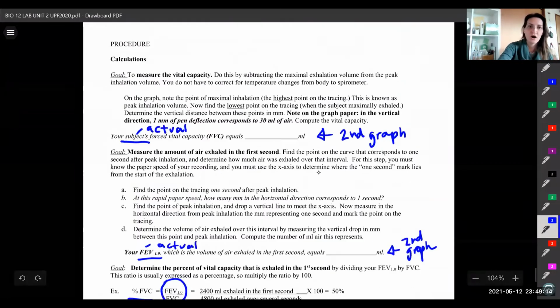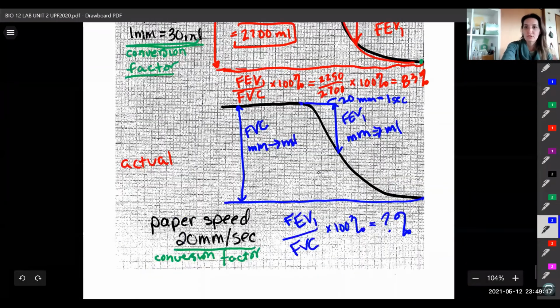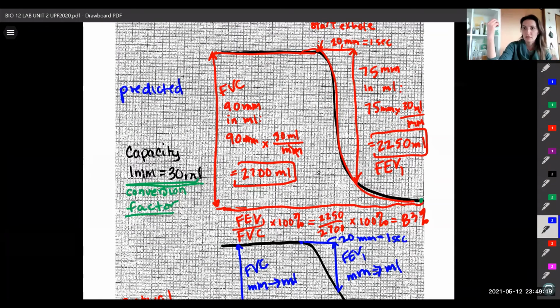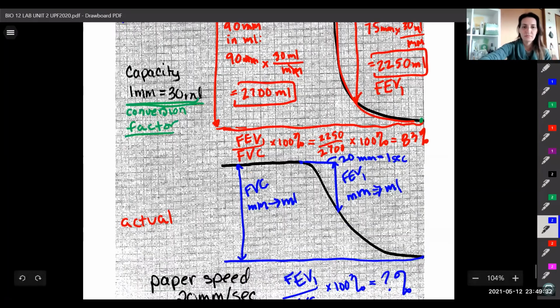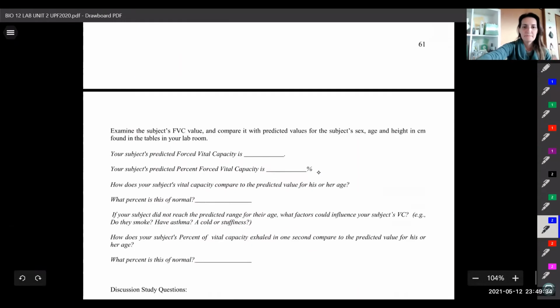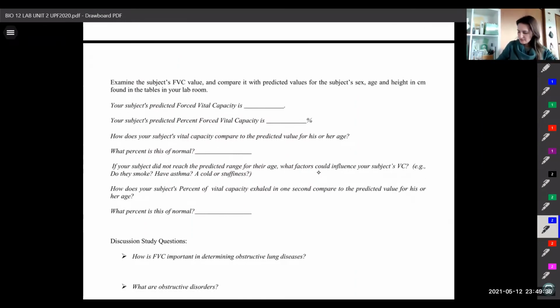And like I said, the top one here is going to represent the predicted values. So what we would have gotten from the chart for that individual, which would be the 2,700 milliliters for FVC, the FEV1 of the 2250, and the ratio of 83%. So then we use that information on the next page.